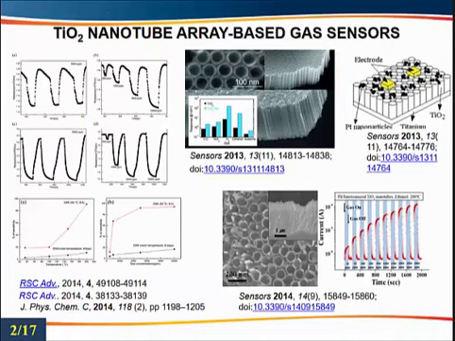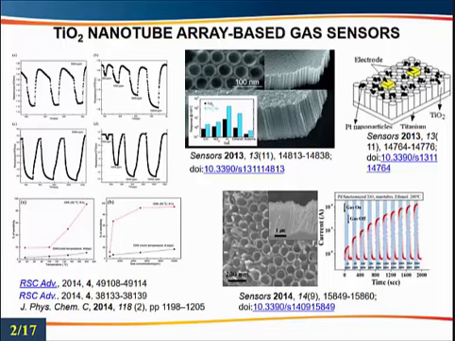So titanium dioxide is a transition metal oxide, and during the course of this conference, you've already seen a bunch of talks on tin oxide and zinc oxide, and all of these metal oxides are excellent gas sensors, and each metal oxide is more sensitive to a certain range of gases.